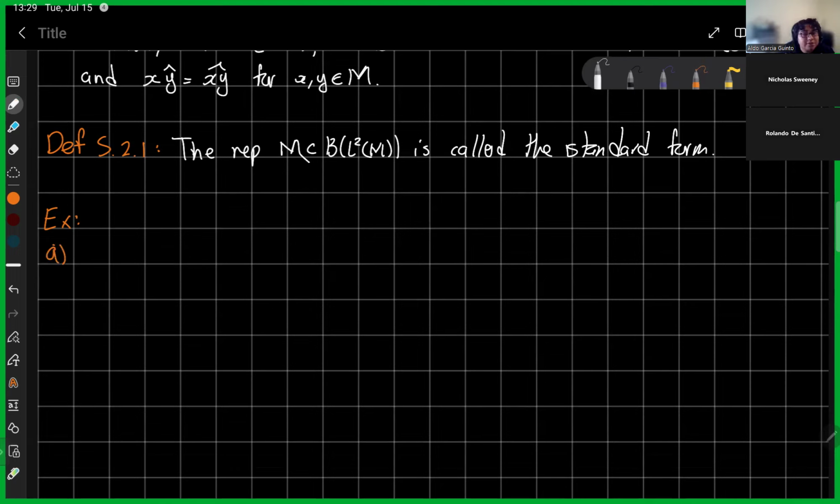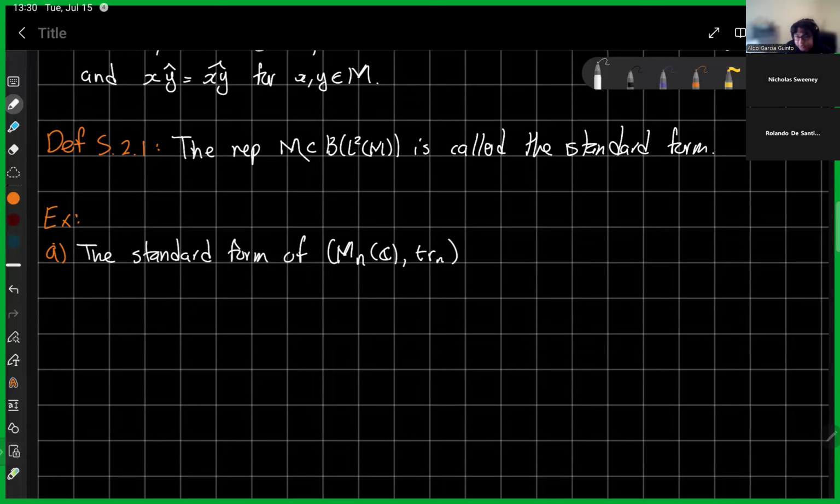Whenever in doubt, you should always check something in the matrices, mostly if you can. So the standard form of M, and we remember that because I want the trace to send one to one, this needs to be normalized. So the standard form is just the matrices. This is an exercise, exercise 5.2.